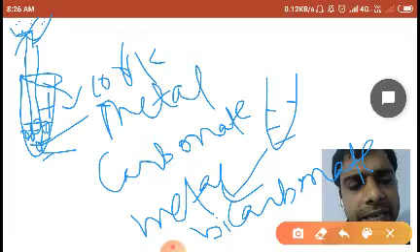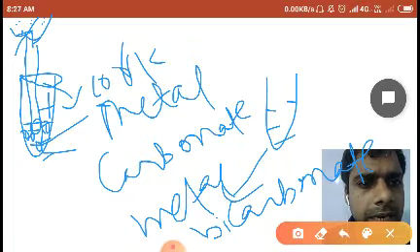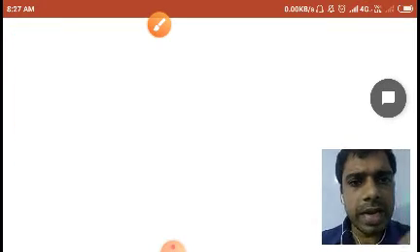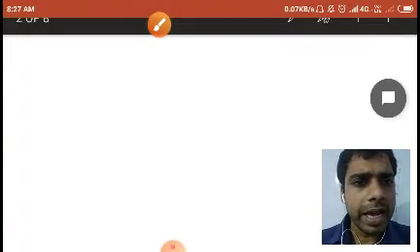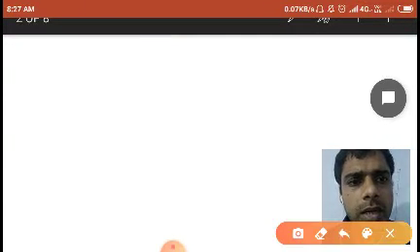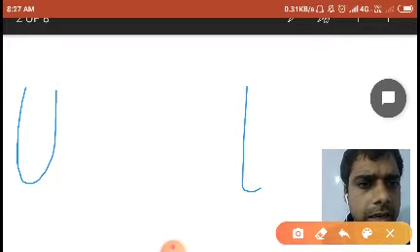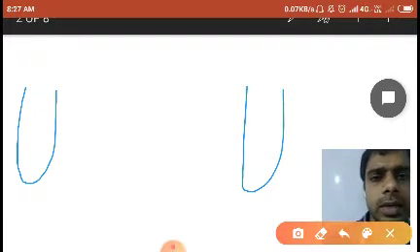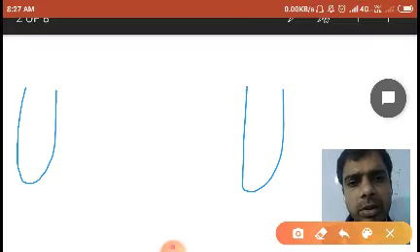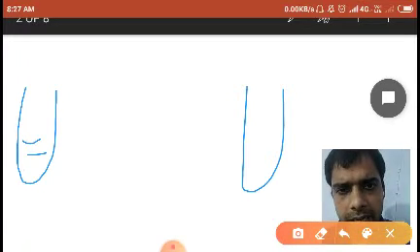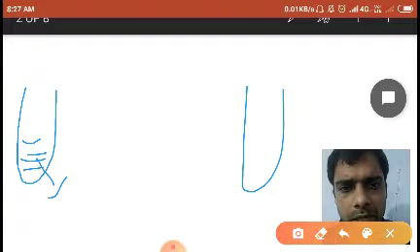Now I am removing all this. You have understood that I have taken metal carbonate and metal bicarbonate. I am taking a fresh diagram to show how I have added HCl. Now you can see I have both mixtures, metal carbonate plus HCl.